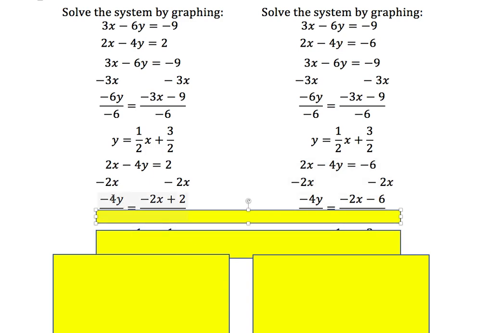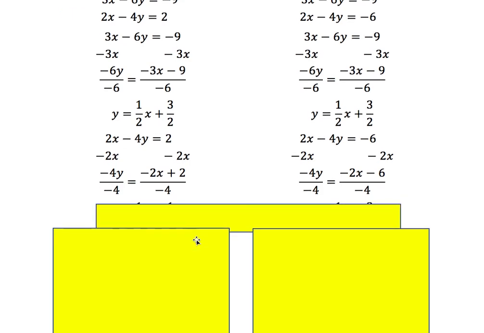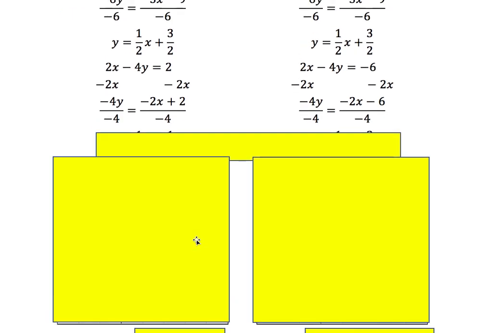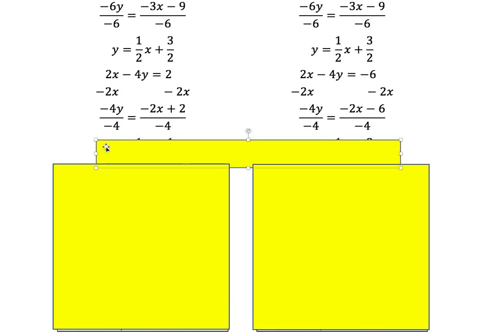Now in both cases, to get rid of this -4 that you're multiplying your y by, you're going to have to divide by -4. So we're dividing by -4 here, and we're dividing by -4 over here. And then for this equation, we end up with -2 divided by -4.